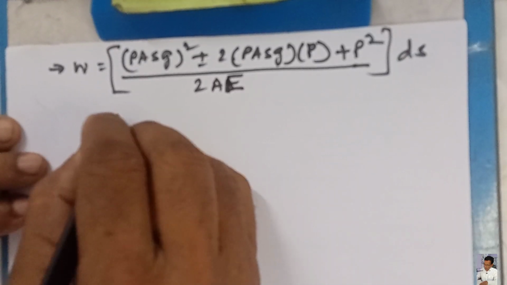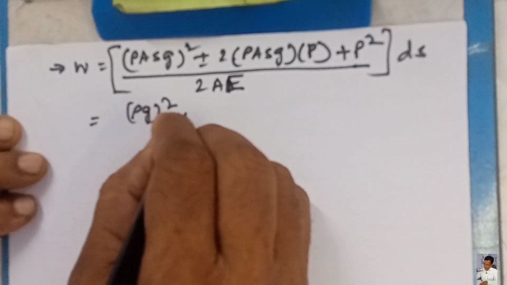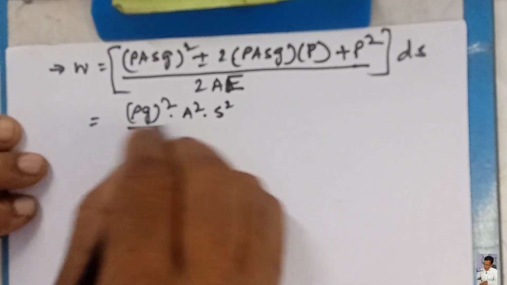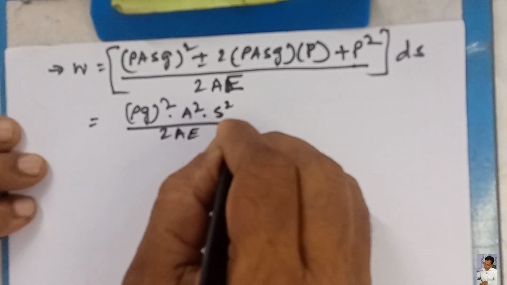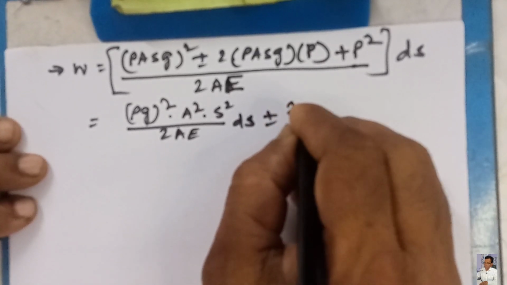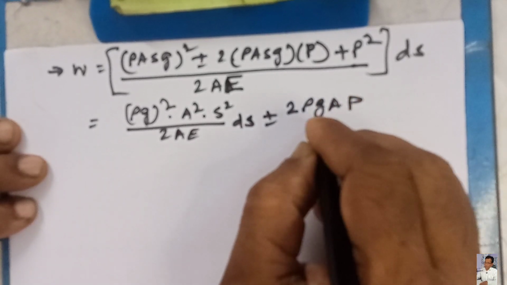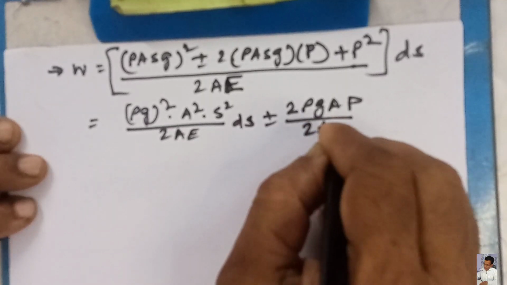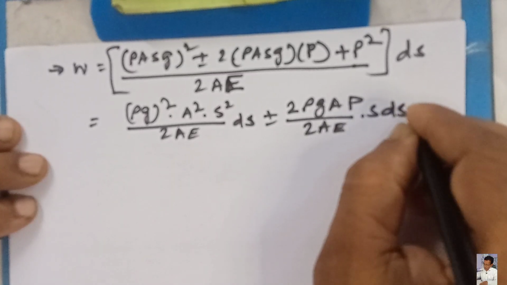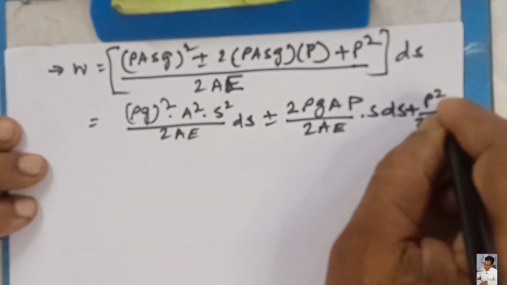This is equal to rho G square into A square into S square divided by 2AE into ds, plus minus 2 rho G A P divided by 2AE into S ds, plus P square by 2AE into ds.